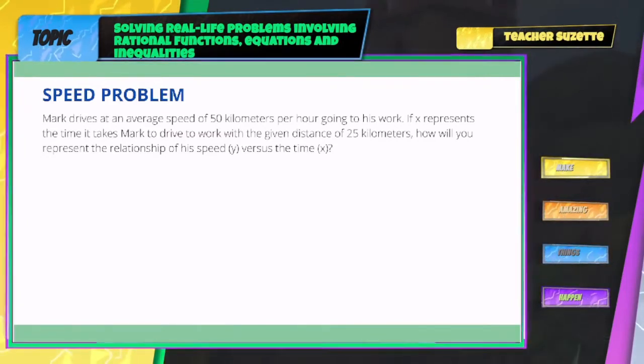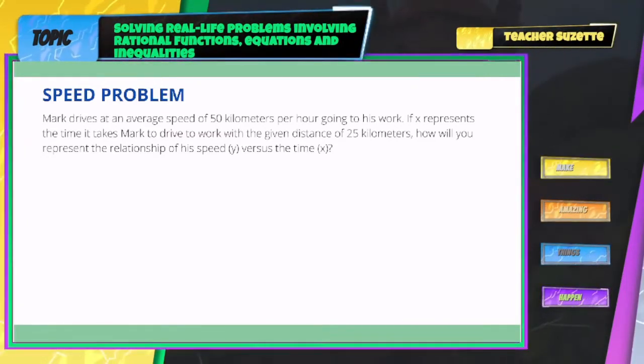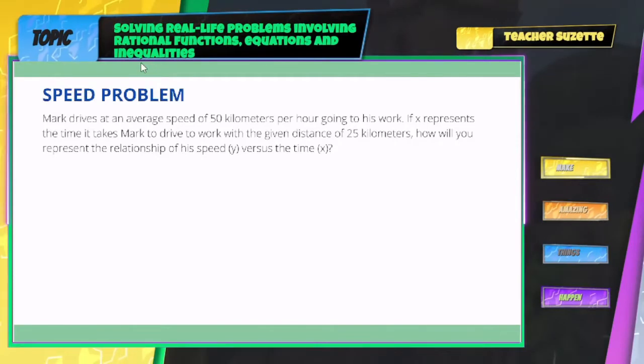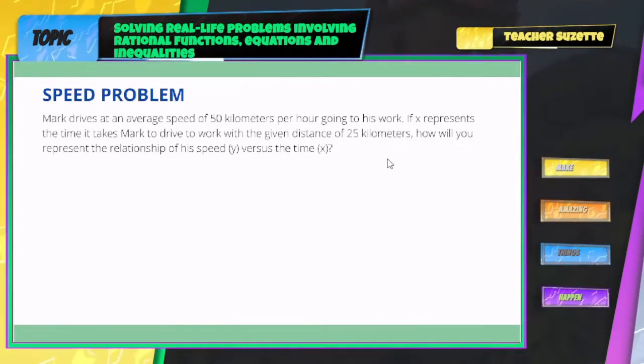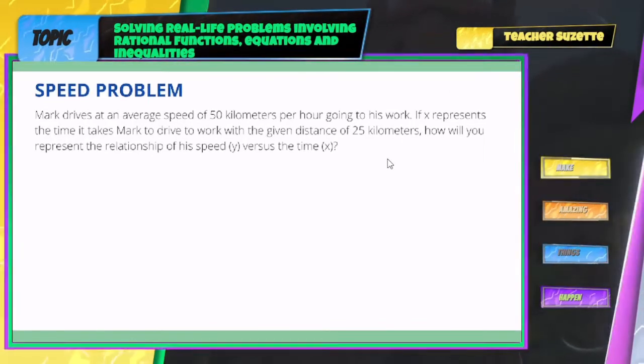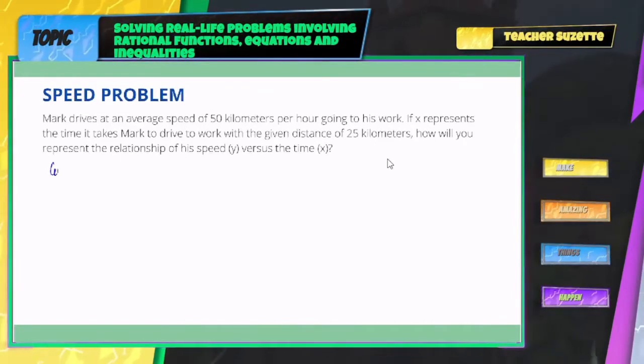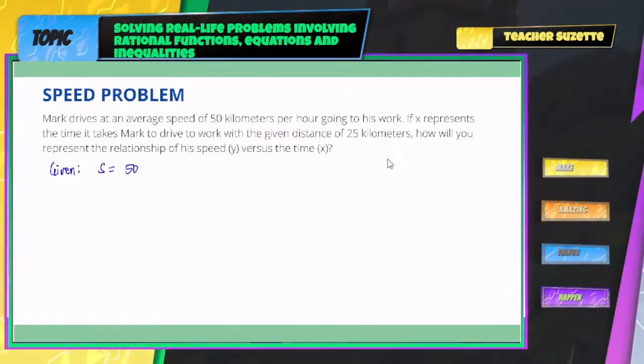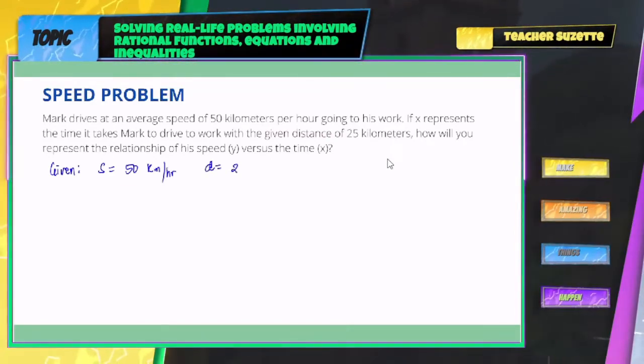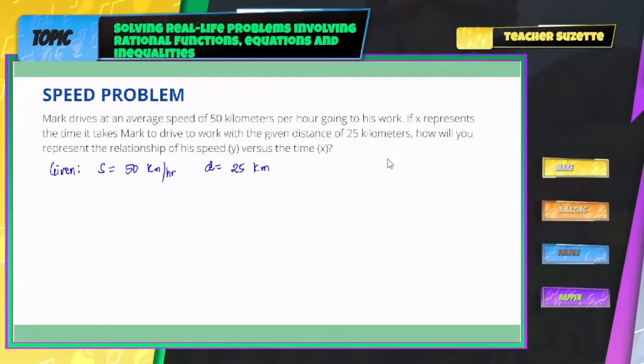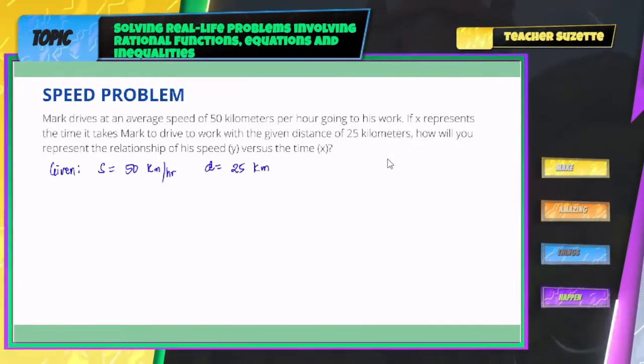The first thing we have to do is identify the known and unknown variables in our problem. Our known variables are the speed, which is 50 km per hour, and the distance of 25 km. What are the unknown variables?